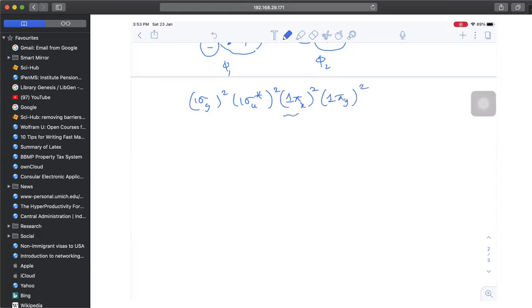These are bonding orbitals. Sir, it will be 2 pi. Sorry. Sir, pi has only one electron. Pi x has 1 electron, pi y has 1 electron.